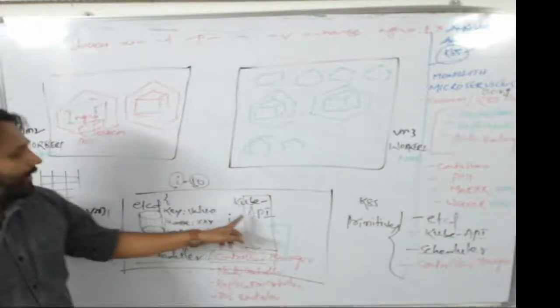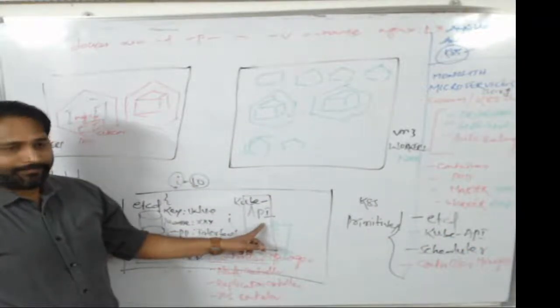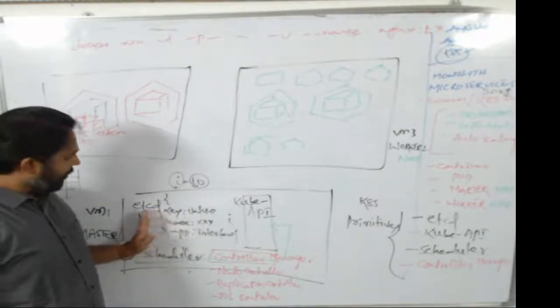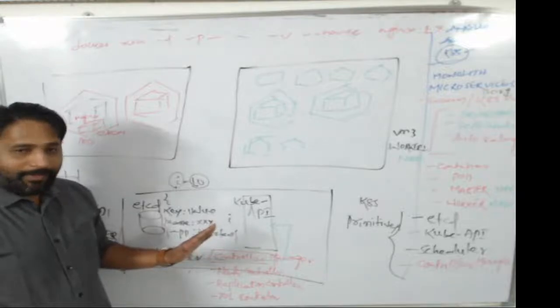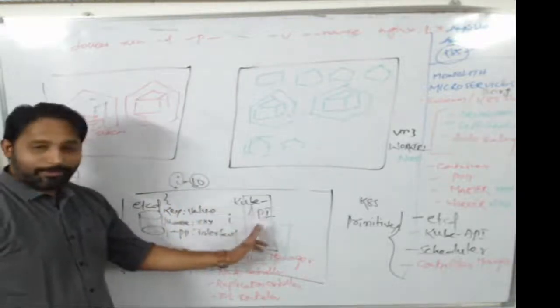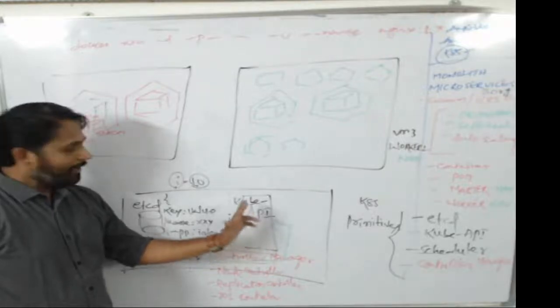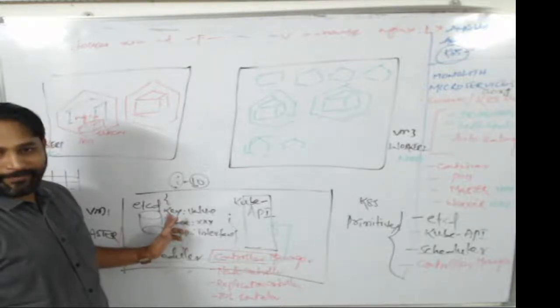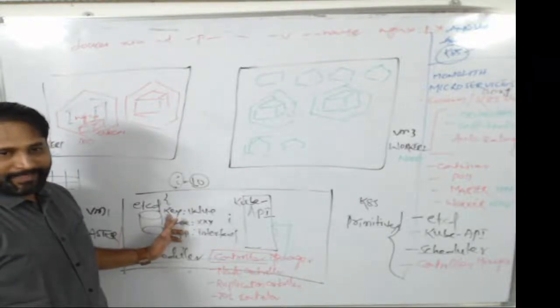The API is the gatekeeper. Everybody who wants to query this database, meaning you want to read something out of it, or you want to update something in it, has to go through the API. The Kube API is the only component that can interact with etcd. That's it.